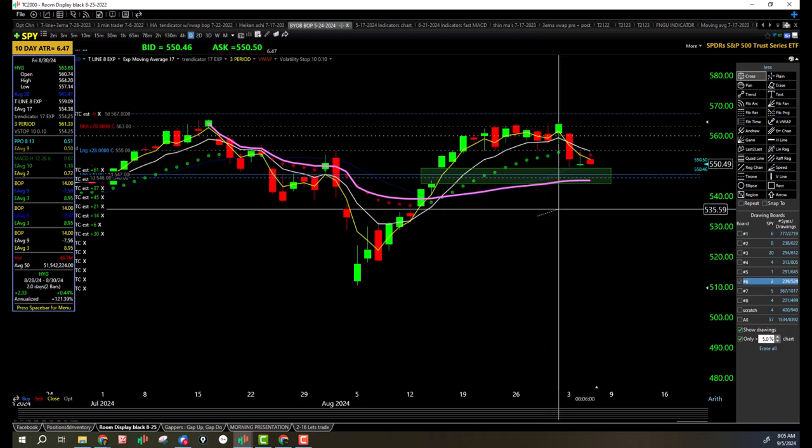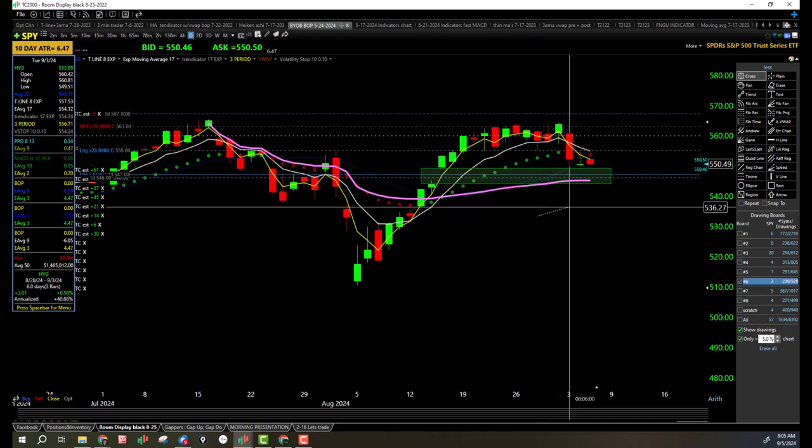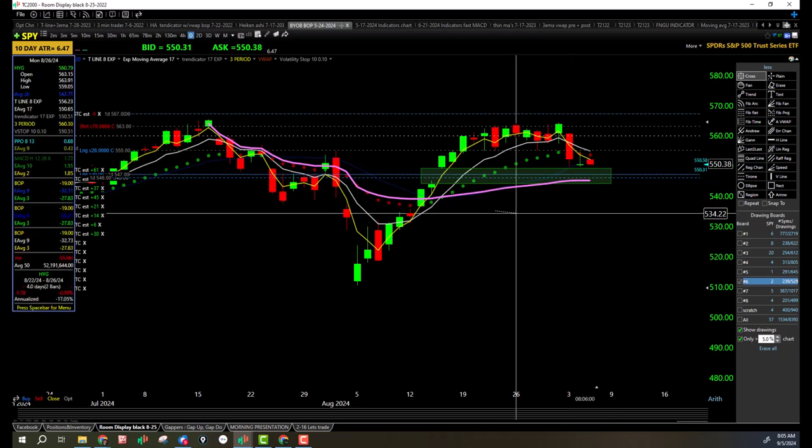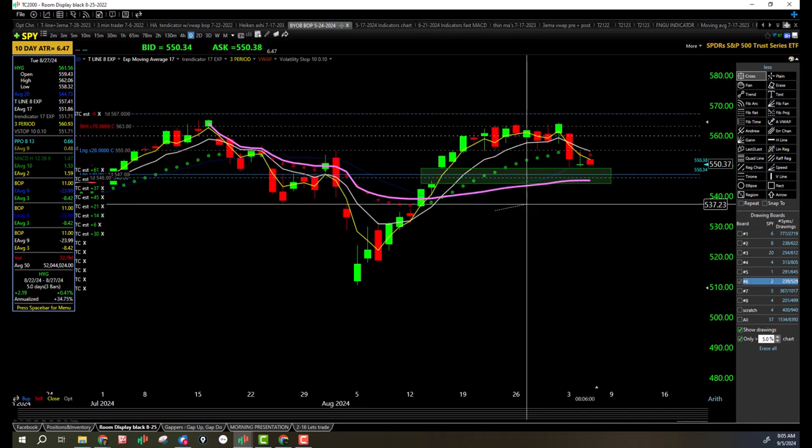So we have a possibility of coming all the way down to 530 area, right down to this low right here. So we've got a possibility coming all the way down to right about there, all right, 537. Either today or tomorrow. We'll see what happens. Tonight we got some big earnings, so we'll see what happens.